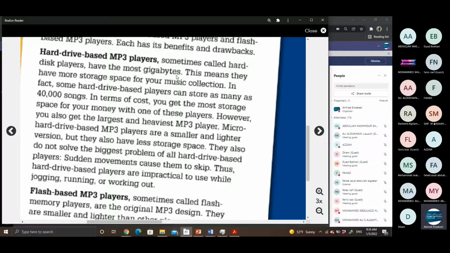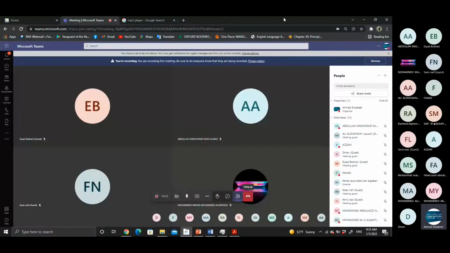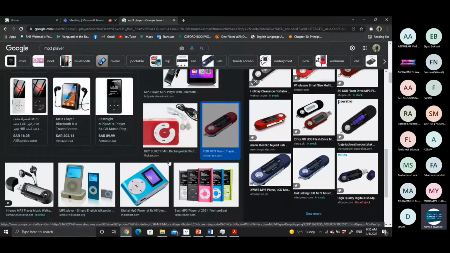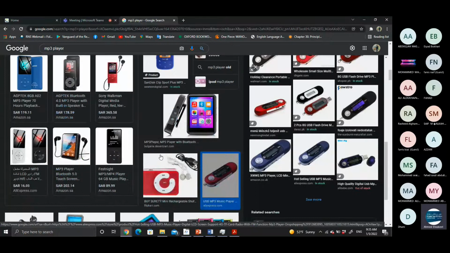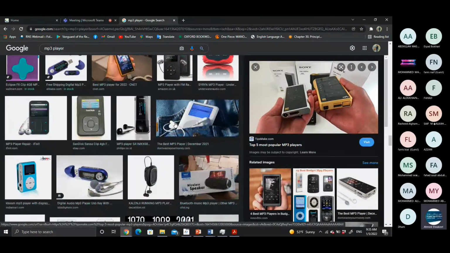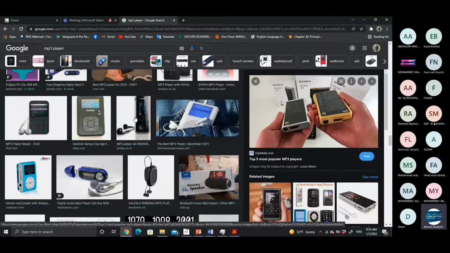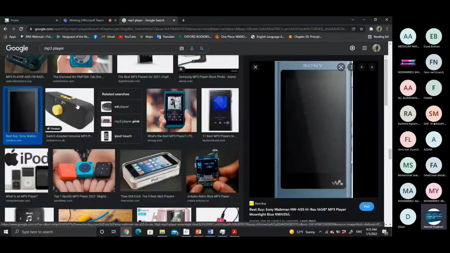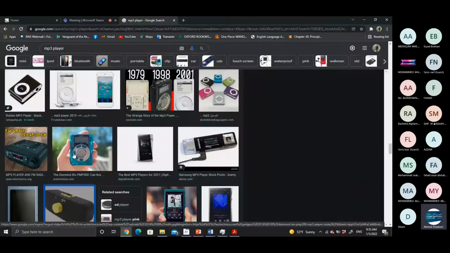But here comes the problem because, as I told you, MP3 players were famous like 15 or 20 years ago. Not many people buy them now. Right now you're speaking about more gigabytes, so you're speaking about more weight. Like the charger, okay? We can use some charger to charge our phones while we are moving. We call them power bank, right? You can see a very small power bank and a very big power bank.